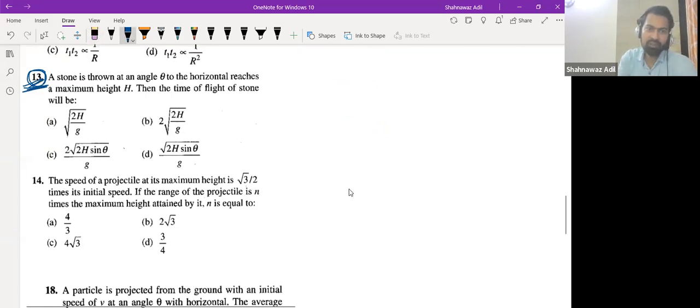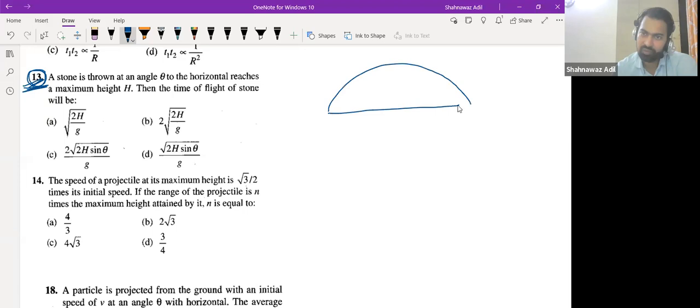Now the speed of a projectile at its maximum height is root 3 by 2 times its initial speed, right? So this is the projectile and initially it has the speed u, and we need the speed of the projectile at its maximum height.